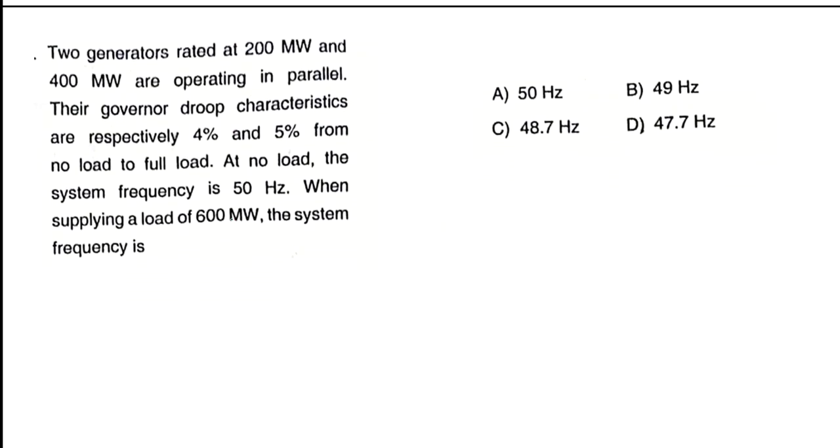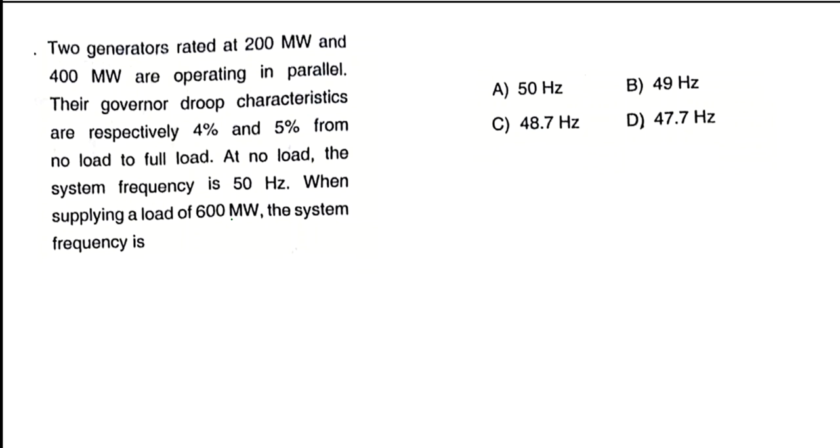This is a somewhat standard question, and it is also a previous GATE examination question. The question is: two generators rated at 200 megawatts and 400 megawatts are operating in parallel.